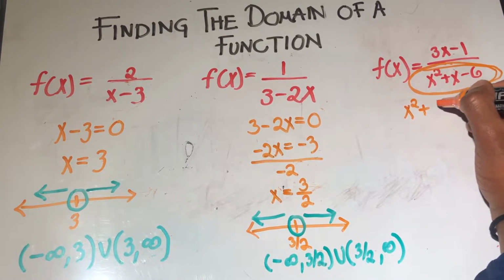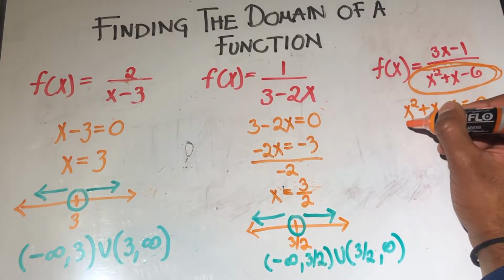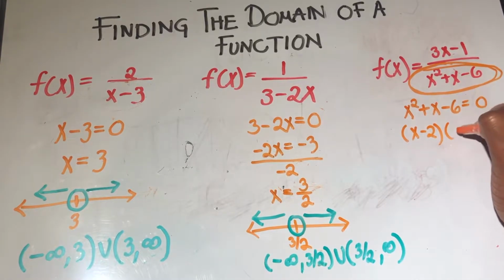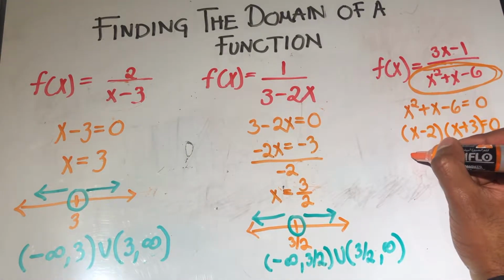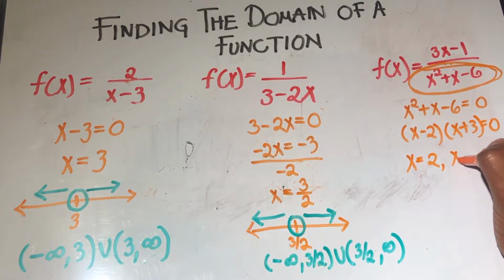So let's begin by writing this whole thing equal to 0. Then we have x minus 2 times x plus 3 equal to 0. This means that x is equal to 2 and x is equal to 3.